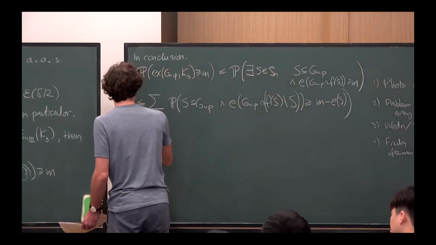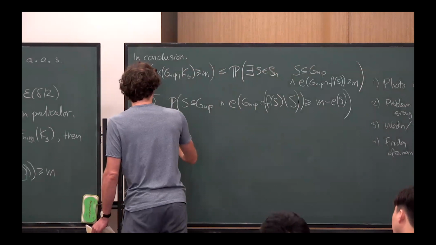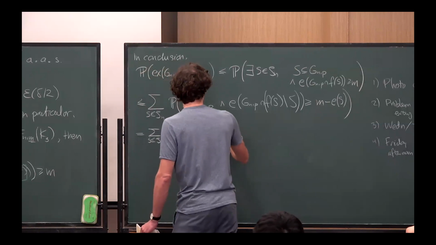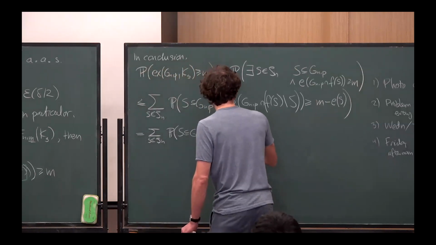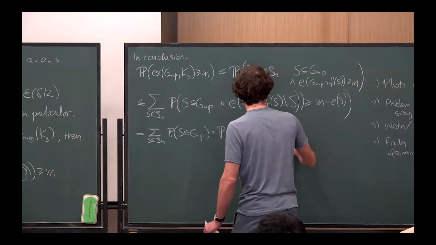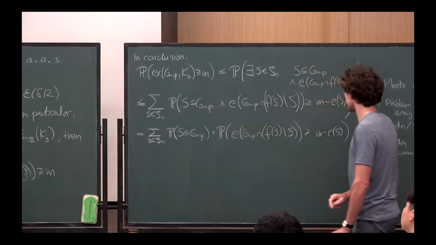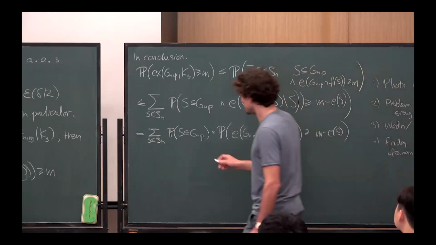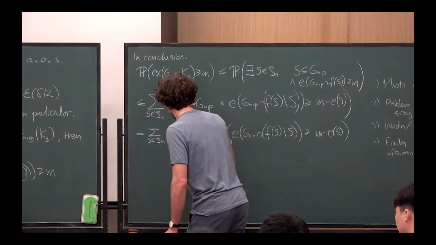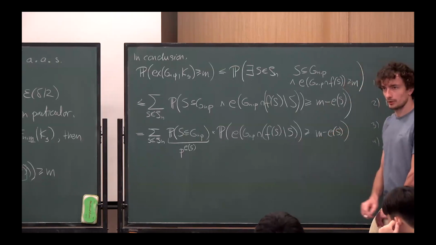So this is in fact now equal to the sum over all S in Sn of the probability that S is a subgraph of G(n,p), times the probability that the number of edges of G(n,p) in the subgraph F of S minus S is at least m minus the number of edges of S. Now, this is of course just p to the power of the number of edges of S. And let's look here.